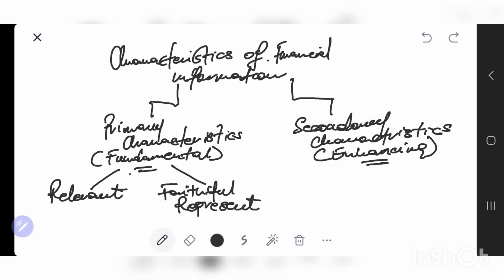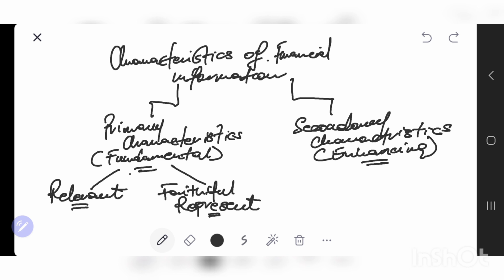I've already explained this. So the fundamental characteristics are really linked to whether the information is useful or not. For the information to be useful, it needs to be relevant, and it must faithfully represent what happened in the operations of the business during that particular financial year.